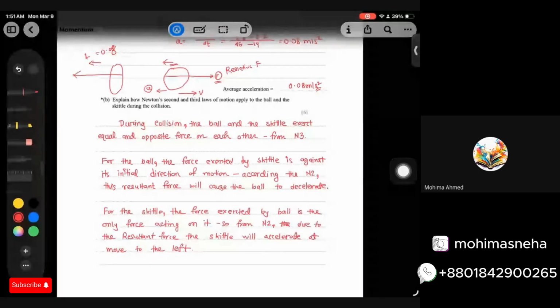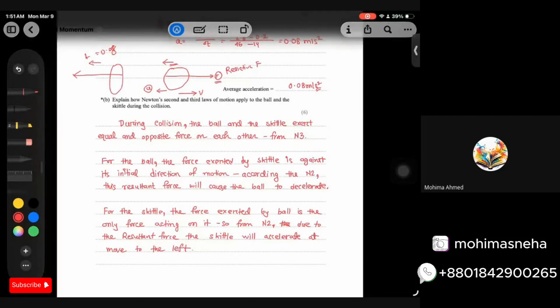For those, you first decide which particle you're starting from. As we're talking about during collision, we first talk about what forces are acting on the two particles during collision. Then we talk about them individually. Since the ball was moving towards the skittle, we talk about the ball first and then the skittle. Is this clear?